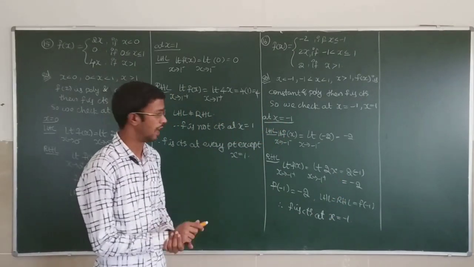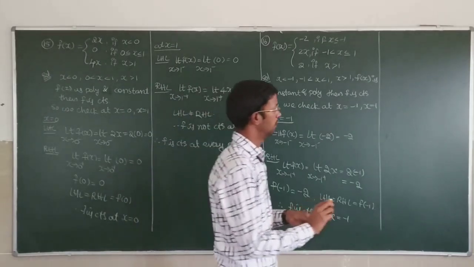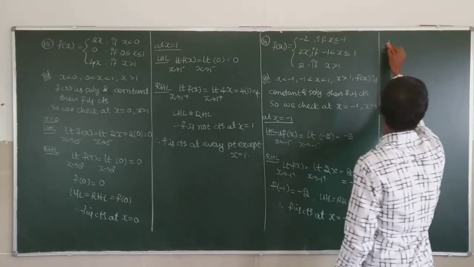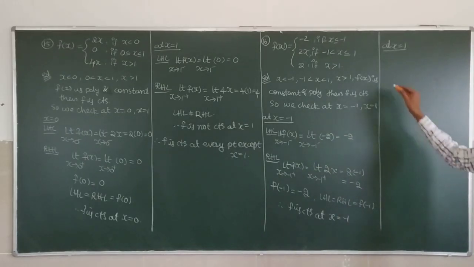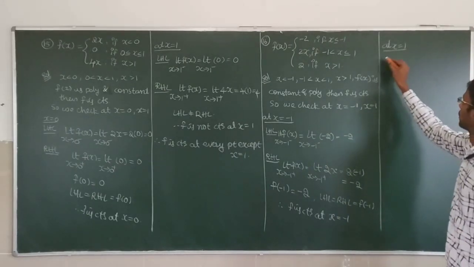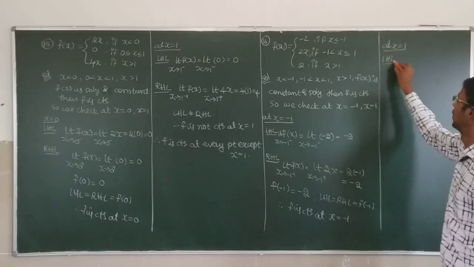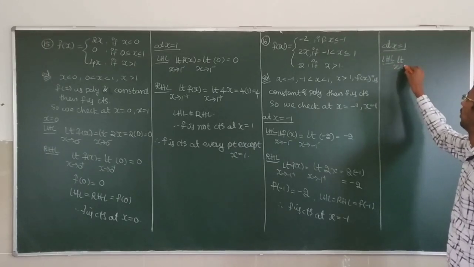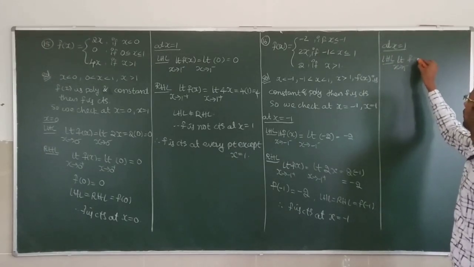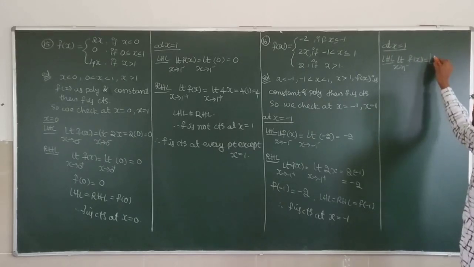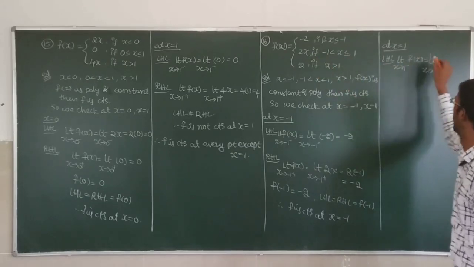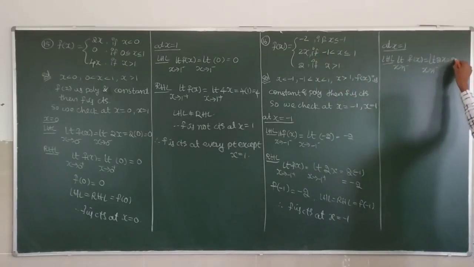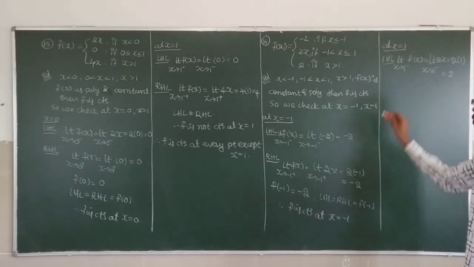Now at x = 1 we have to check. LHL: limit as x tends to 1 minus of f(x). For less than 1 it is 2x, and 2 into 1 is 2.